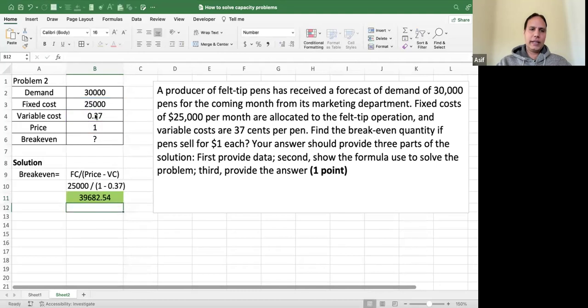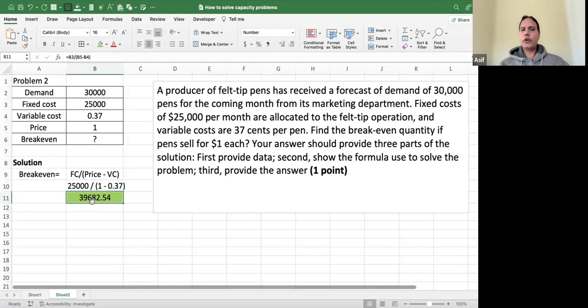So once I hit it, it gives me this answer that's 39,682.54. Break even is about number of units, so it literally means that it's actually 39,683. But it's always a good practice to expand them to two decimal places.